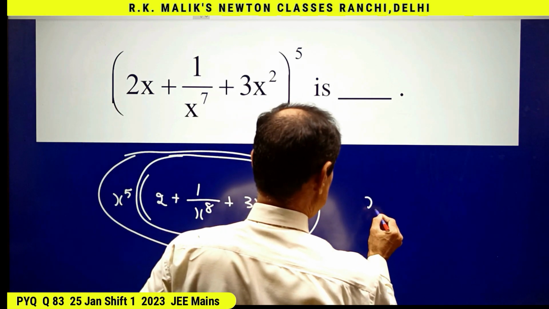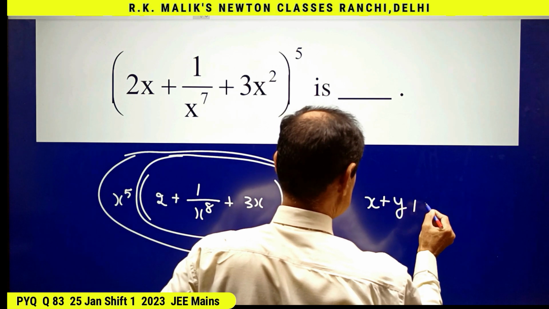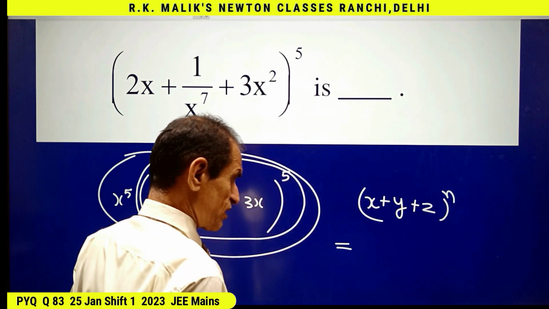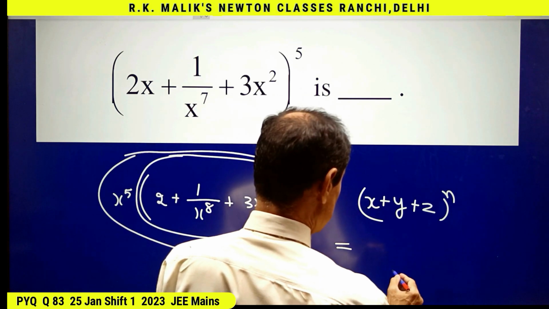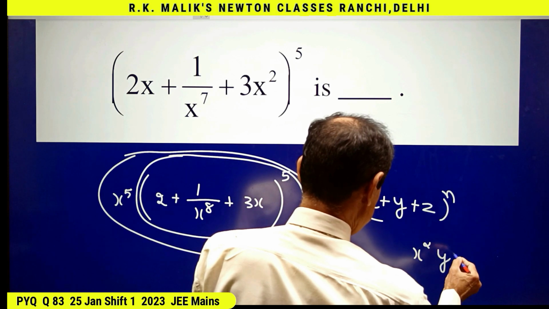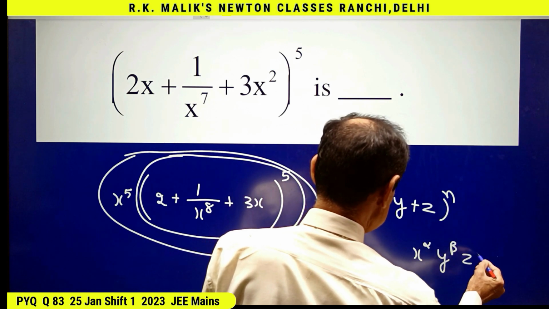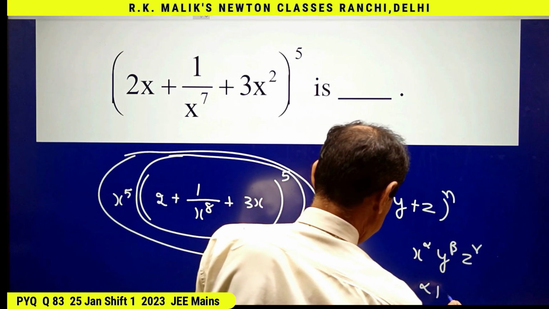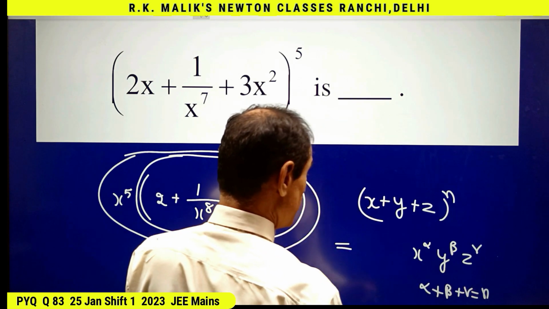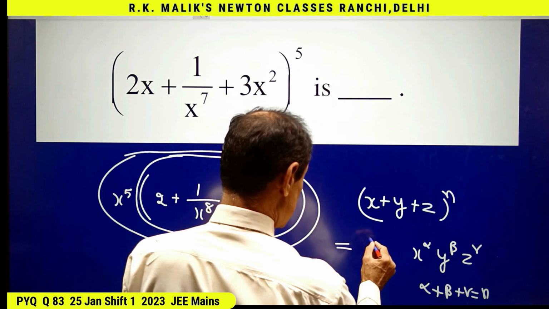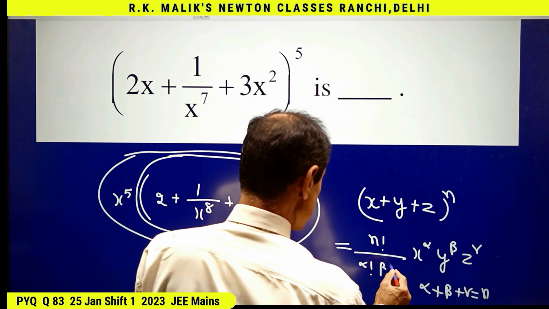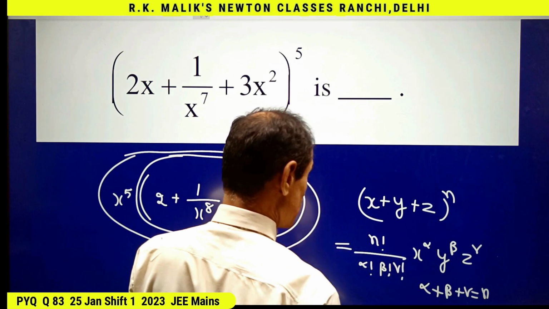Suppose some trinomial (x + y + z) to the power n is given, then general term in the expansion of this is x^alpha y^beta z^gamma, where alpha plus beta plus gamma is sure to be n. The coefficient of this is n factorial upon alpha factorial, beta factorial, gamma factorial.